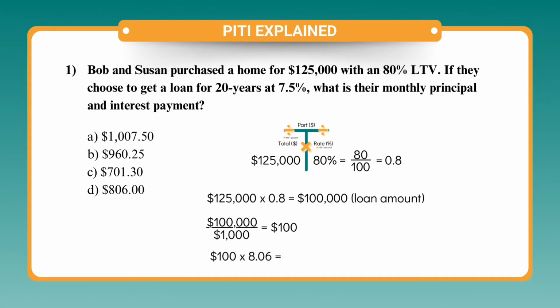So all we have to do now is multiply 100 by $8.06, and we get a total of $806. That's going to be Bob and Susan's monthly principal and interest payment. See how easy that was? The one thing that gets people here every time is that they forget to divide that loan amount by 1,000. So just make sure you don't miss that little step when you're taking your exam.